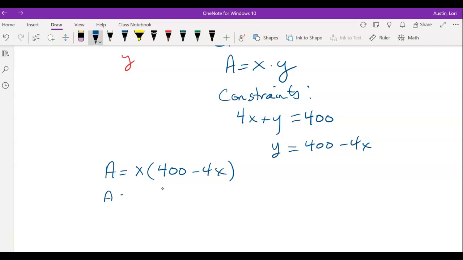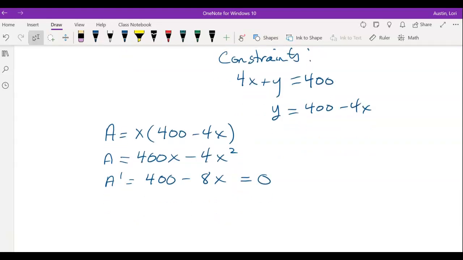Before I do the derivative, I'm going to go ahead and work this out. Set it equal to 0.